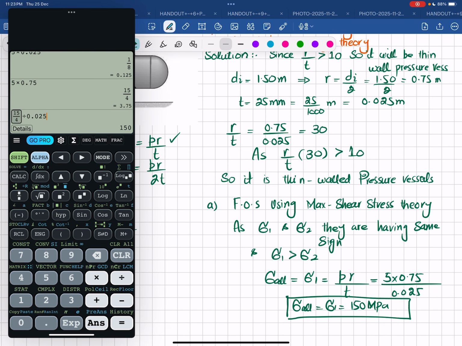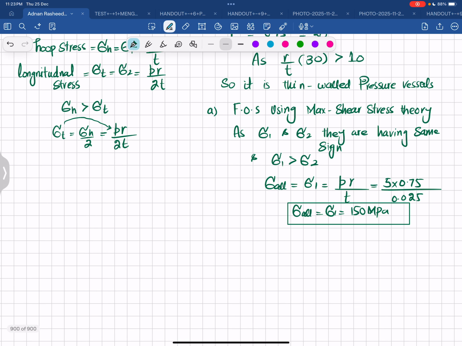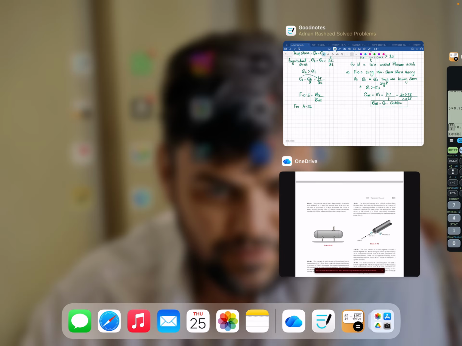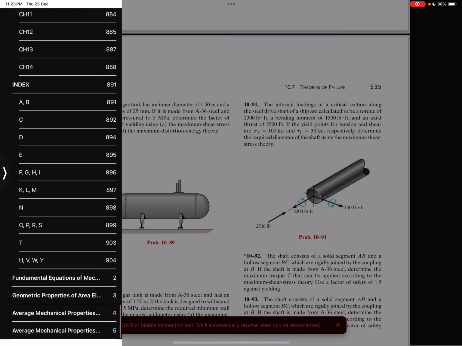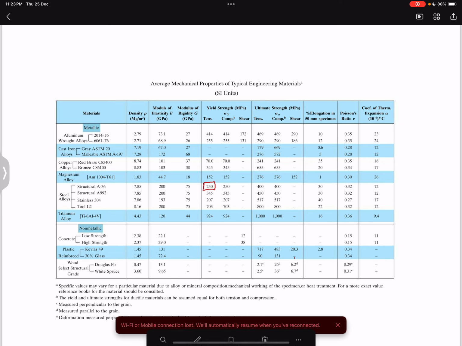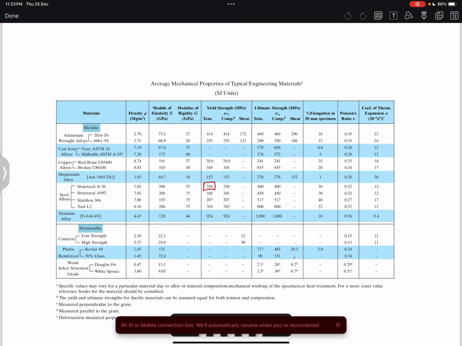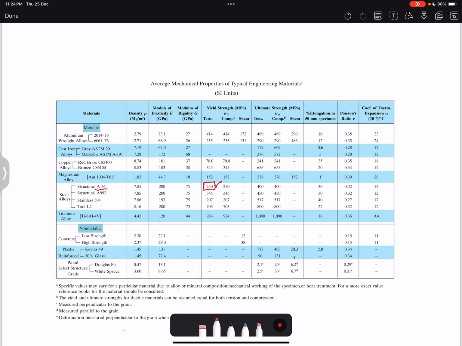Now using the maximum shear stress theory, the factor of safety will be equal to yield stress divided by allowable stress. What is the yield stress? For A36, I have to go to the end of the book, the properties table, the average mechanical properties, and the unit should be SI. Here you can see the first one is A36, so 250 megapascal.